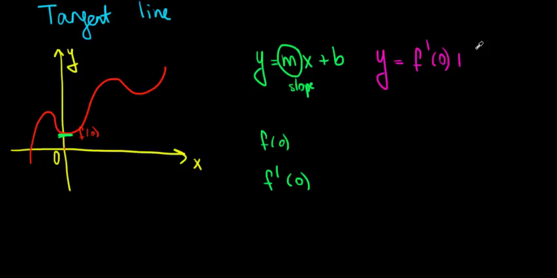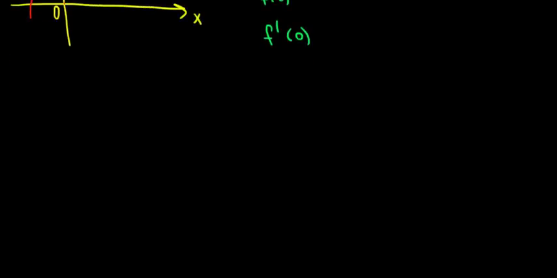We want to have the intercept, which is just f of 0, that's where we start, plus the slope, which is the derivative at the point of 0, times x. Okay, so this is the line that we're looking for. Let's start solving. What is f of 0? That's the first question.